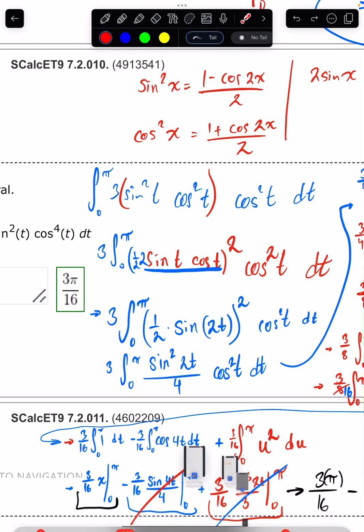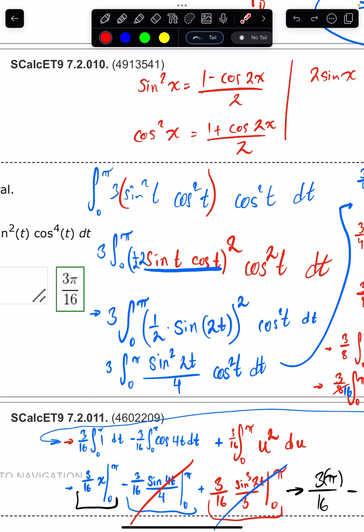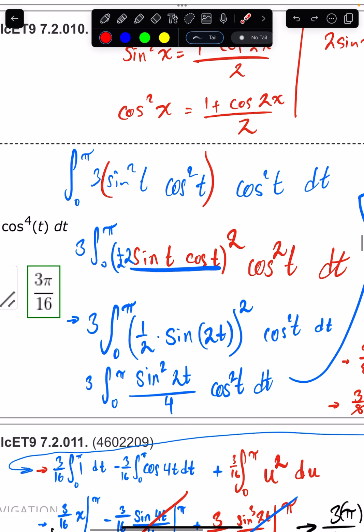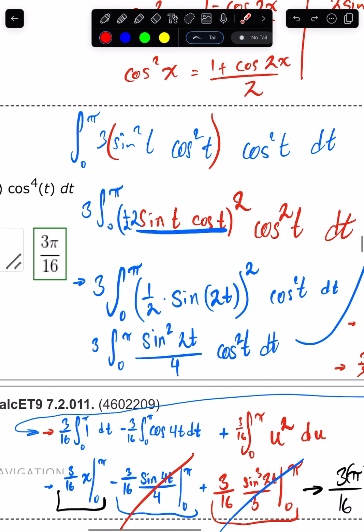I need to go back and look at this one more time. This is just 1/2 times 2, which is just 1. It doesn't really matter, I don't know why I did that. It's not really necessary. But yeah, sine t cosine t is the same as 1/2 of sine 2t.